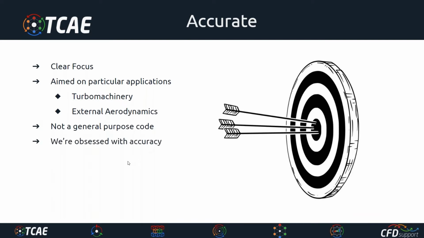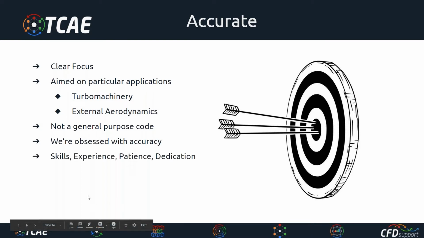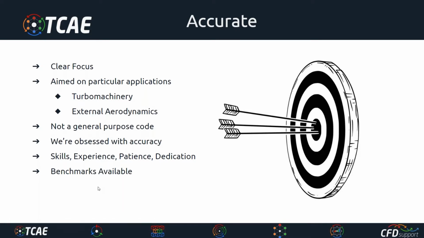And here at CFD Support, we are obsessed with accuracy. We think it matters. It's very important, and we do our best to prove it all the time. Later in the webinar, I will show you. We definitely believe that CAE, CFD, or FEA are sciences which deserve care, patience, experience, dedication, and it's all about the skills.